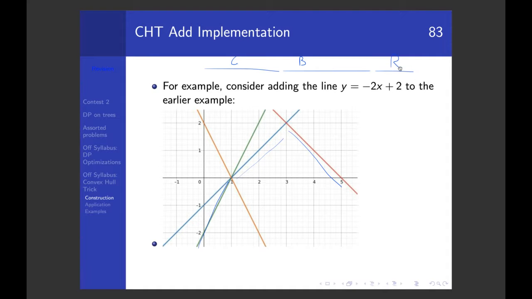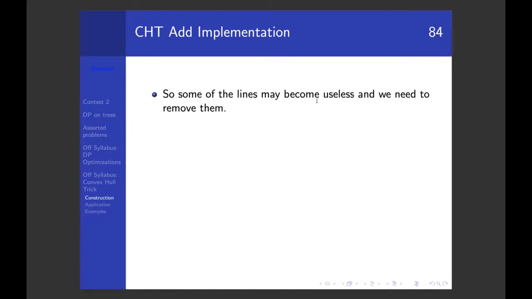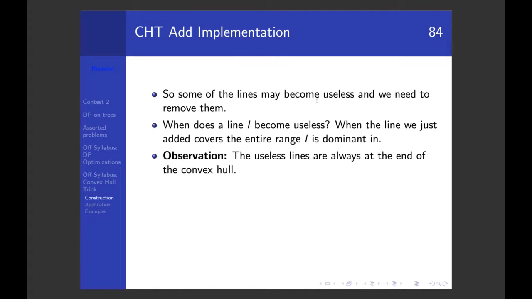We add orange, and we see orange is optimal for this range here. That means we delete red, we delete blue. Obviously, if we delete a line here, we must delete all lines after it, because the optimal values of this one go towards positive infinity. And that is because we add lines in decreasing gradient. The fact that this line has the smallest gradient is what makes this true, that we only ever delete a suffix. This is what I said before. So useless lines are always at the end of the convex hull.